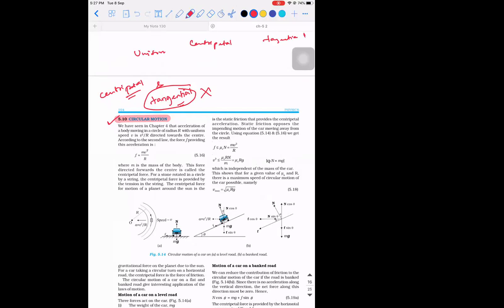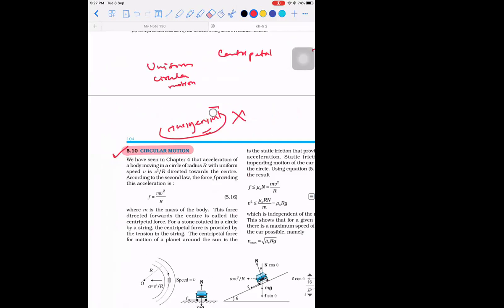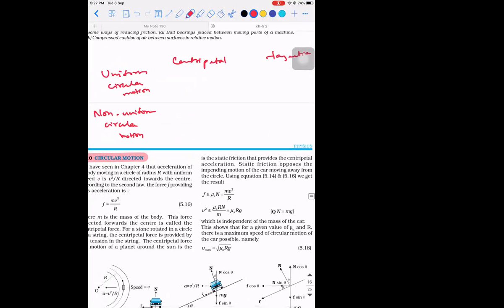Put it like this: uniform circular motion, and then non-uniform circular motion. Prepare a table like this. For uniform circular motion, centripetal acceleration will be there or not?